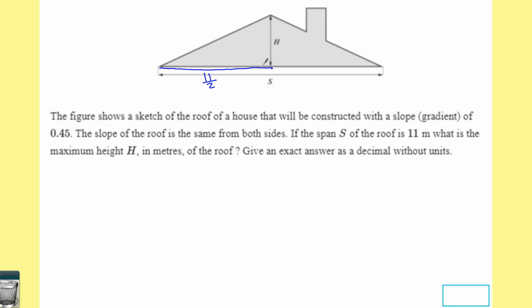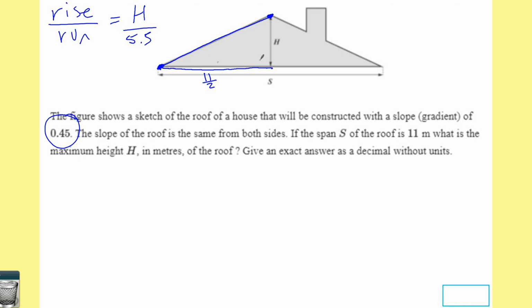It does, because think about what slope is. Slope is rise over run. To go from here to here, I have to rise h amount, and I have to run 11 halves, or visually more appealing, 5.5.